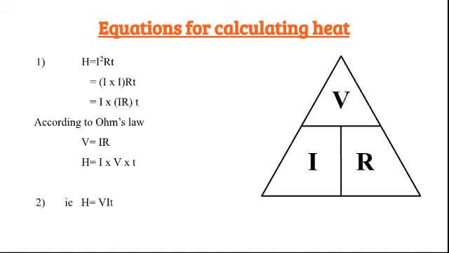It is equal to I into IR into T. We can either multiply I by I, then multiply it by RT, or else first multiply I and R, then multiply it by I and T. But this IR, we have come across in our last year. From Ohm's law, we know IR is equal to V. Ohm's law, we should always remember this law.